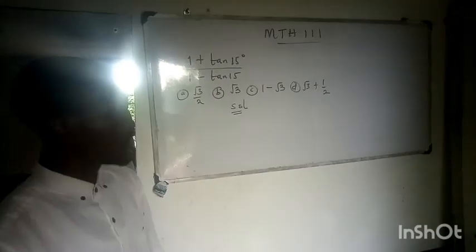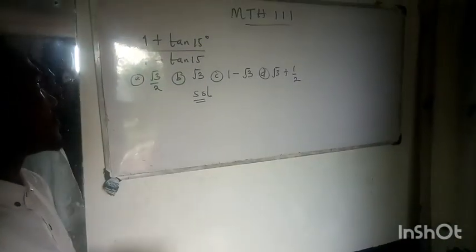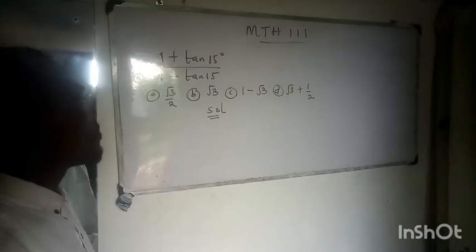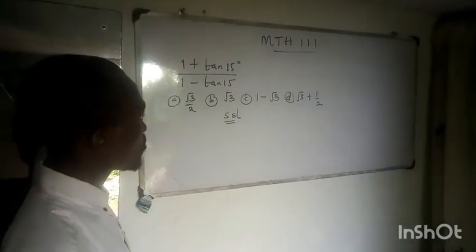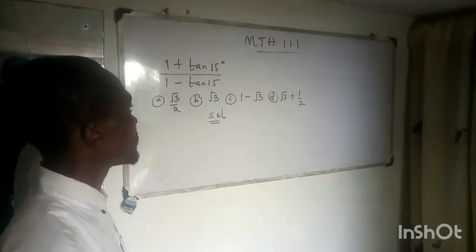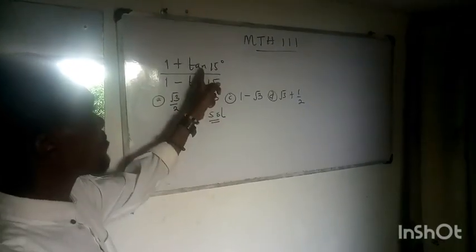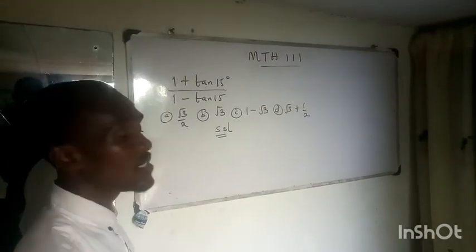So we continue with our trigonometry questions. Now we have 1 plus tan 15 over 1 minus tan 15. Now let's see how to evaluate this particular expression. Now we are going to see what should be the value of tan 15 in terms of special angle.